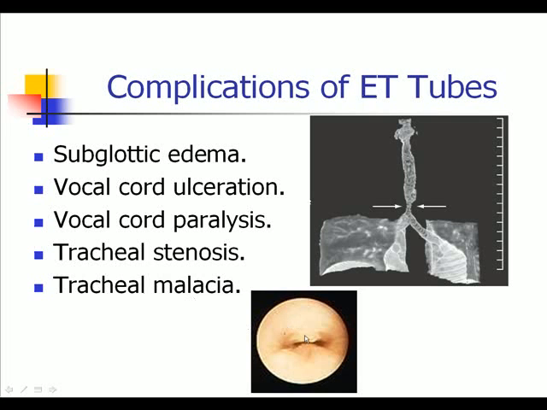The trachea tends to collapse, possibly through loss of vascular structure from pressure of the tube. So these are much more severe ones, stenosis and malacia, and they are more latent ones.